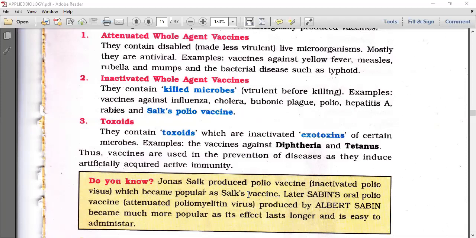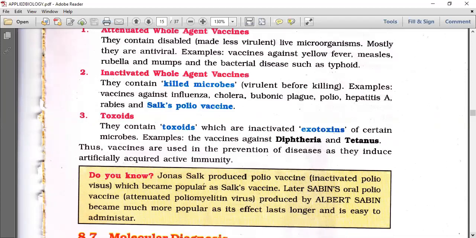So currently we take polio drops, Sabin's oral polio vaccine, which became much more popular as its effect lasts longer and it is easy to administer. So that's it: attenuated whole agent, inactivated whole agent, and toxoid vaccines, and the change in the polio vaccine. Earlier we took Salk's inactivated whole agent vaccine, but nowadays we take Sabin's oral polio vaccine, which is an attenuated whole agent vaccine. So that's it about the vaccines.